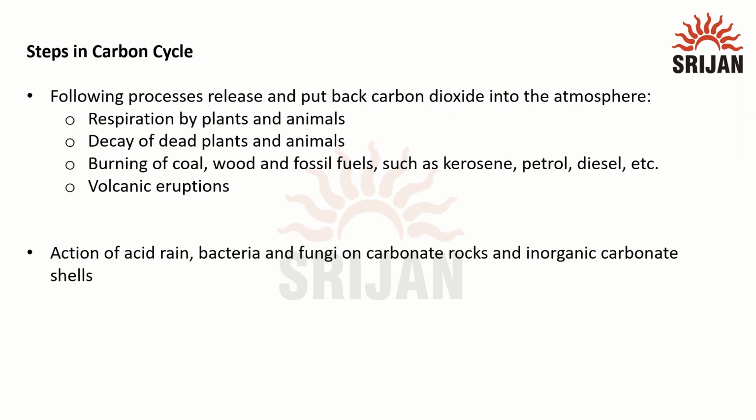Similarly, the processes which release or put back CO2 into the atmosphere include respiration by plants and animals, decay of dead plants and animals, burning of coal, wood and fossil fuels such as kerosene, petrol, diesel, etc., volcanic eruptions, and also the action of acid rain, bacteria and fungi on carbonate rocks and inorganic carbonate shells will release CO2 back to the atmosphere.